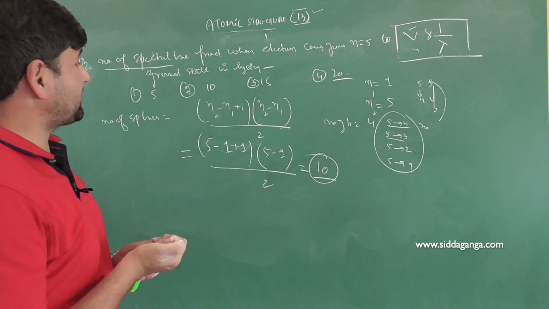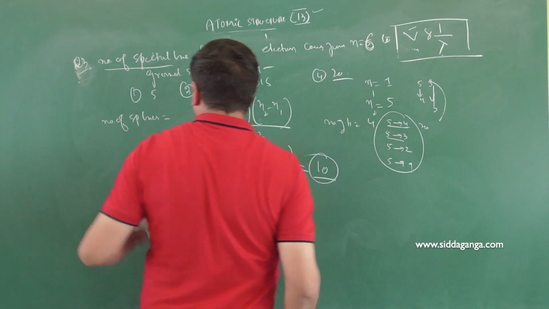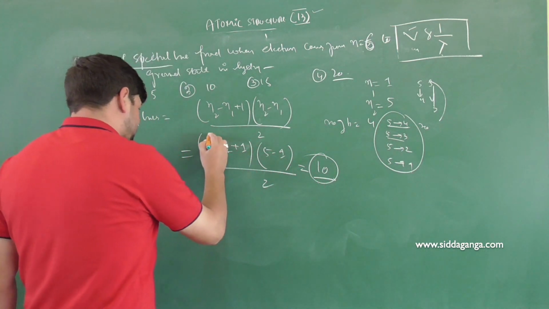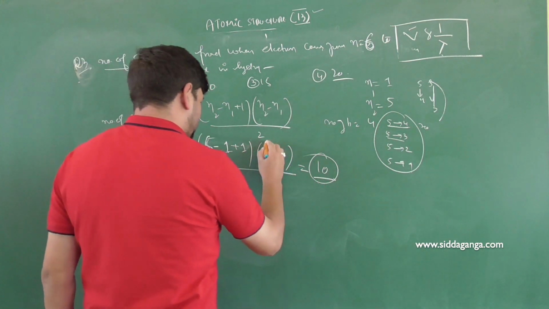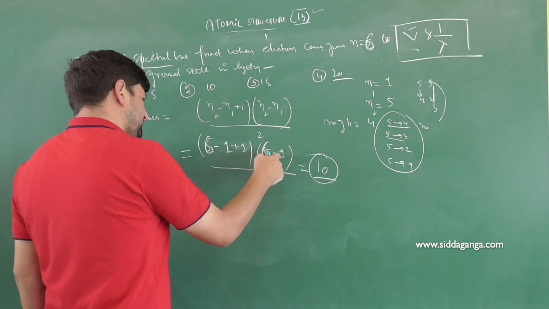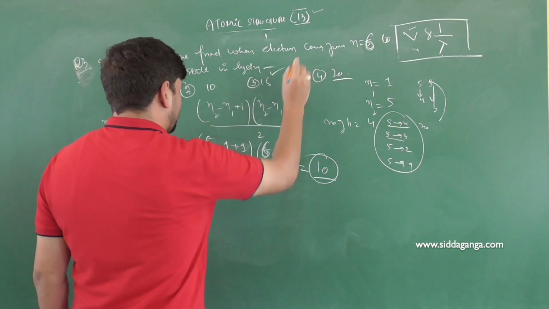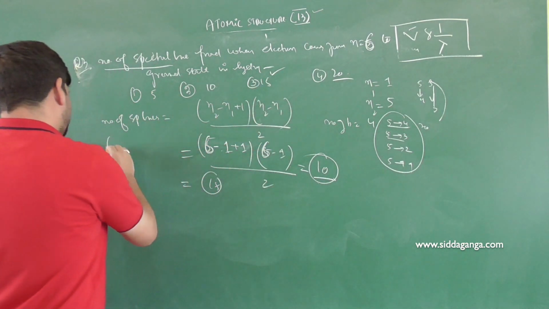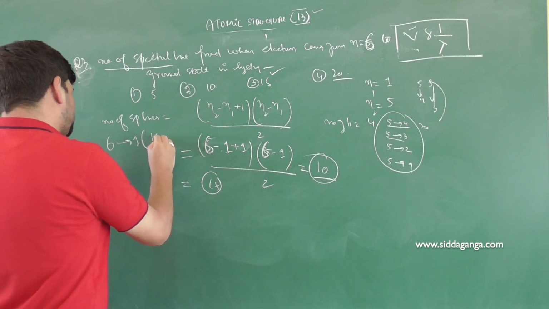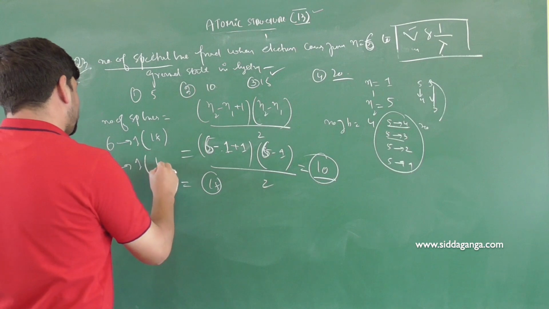If it is coming from energy level 6 to the ground state, then n2 becomes 6 and the formula is 6 into 5 by 2, so it will become 15. Then the number of spectral lines will be 15. So if it is from 6 to 1, spectral lines are 15. If it is from 5 to 1, spectral lines are only 10.